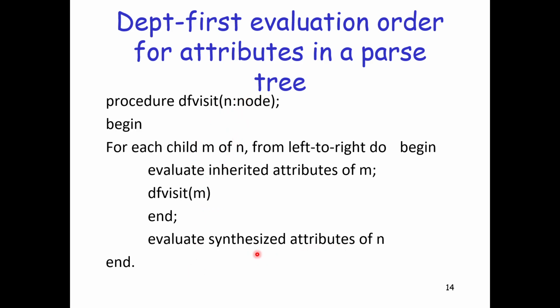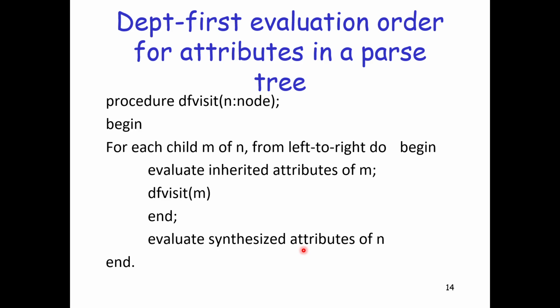Synthesized attribute means it is getting the value from its children nodes. Inherited attribute means it is getting the value either from its parent node or from its siblings. That is why I started with the root node, gone to the child, then gone through all these siblings. In the case of synthesized attribute, all the nodes will be computing the value of the attribute from the children nodes. The same thing, while we use a translation scheme during parsing, we can use depth-first traversal.